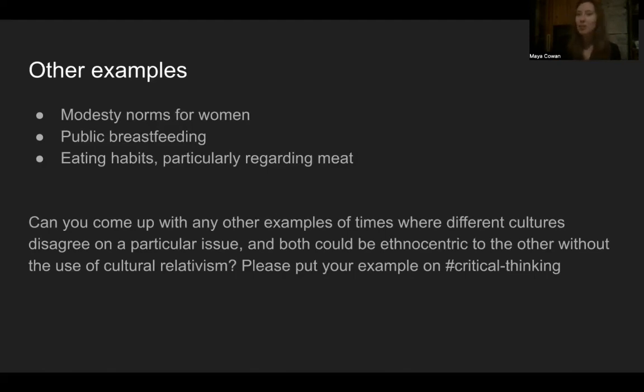They're like, oh, vegetarians, you need to eat meat to survive. But then there are entire societies and cultures in the world that are vegetarian, and they would think that it is super disgusting to eat meat. They'd be like, how could you do that? You see what I mean? Either side is capable of being ethnocentric towards the other side.